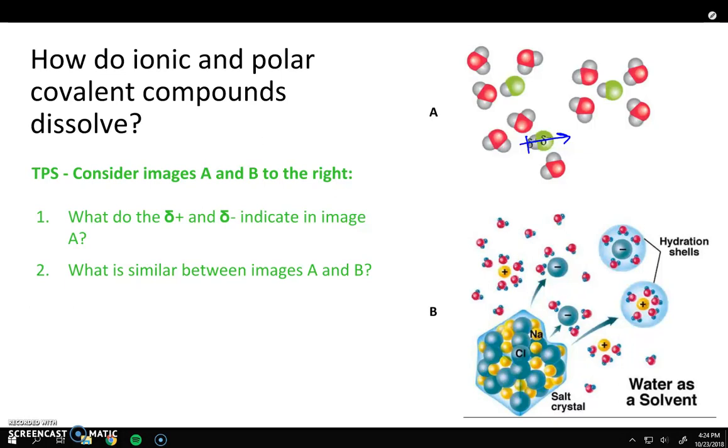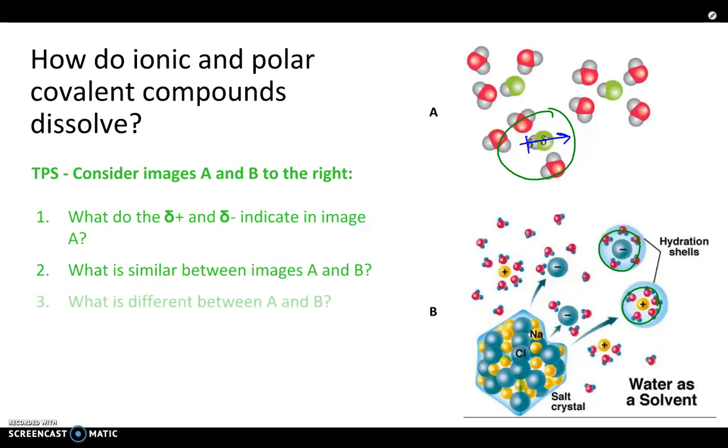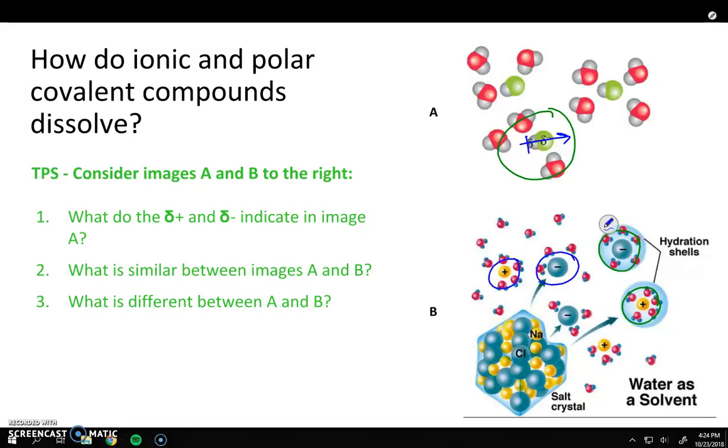The water is forming little circles kind of around the other particles that they're dissolving. And the thing that's really different between them is that this ionic compound is breaking into its two pieces, whereas the covalent polar stays intact as a molecule. And that's a big difference. They're both dissolving in the water, but one is staying intact as a molecule.